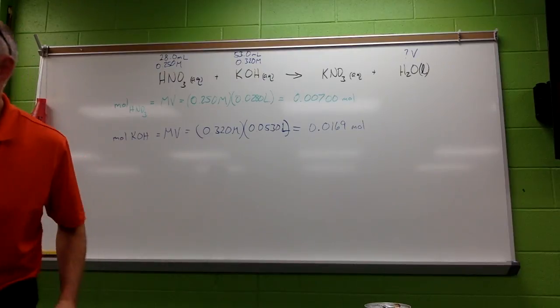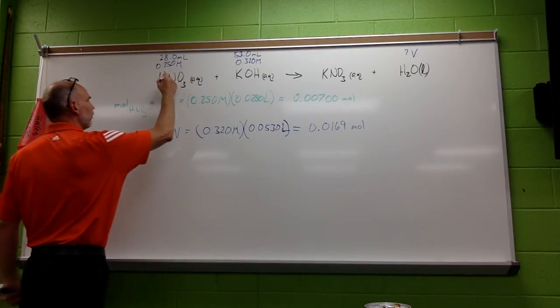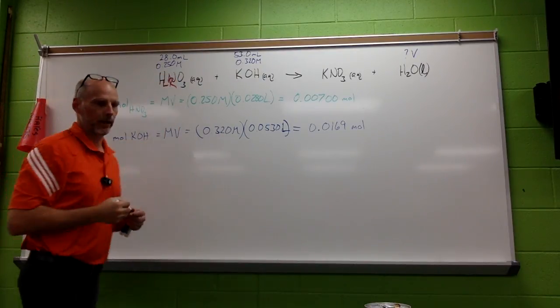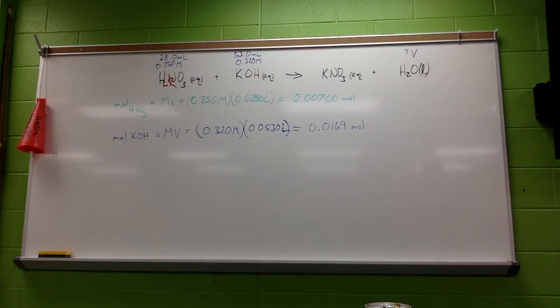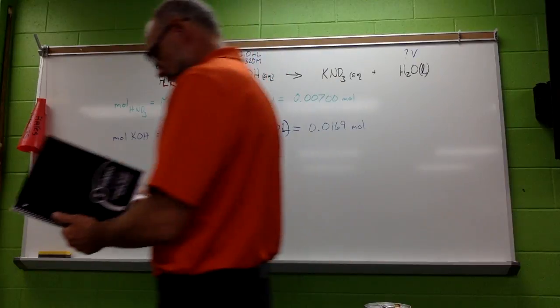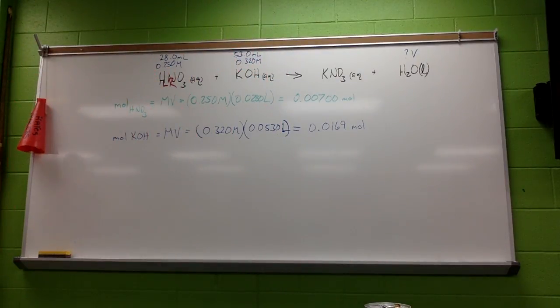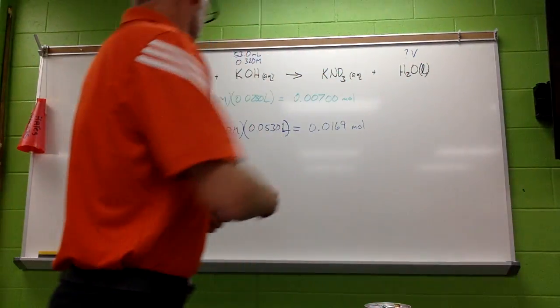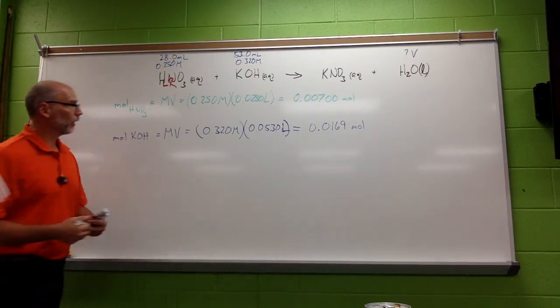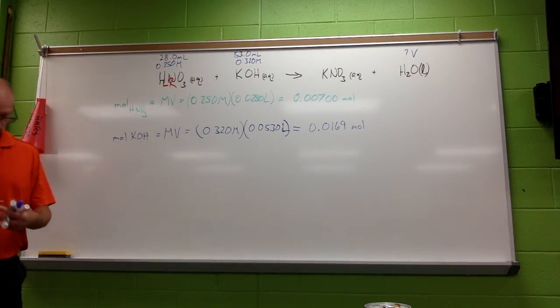So this is our limiting reactant. Oh, by the way, here, you can have this to keep track. So now what are we looking for? We're looking for the volume of water.